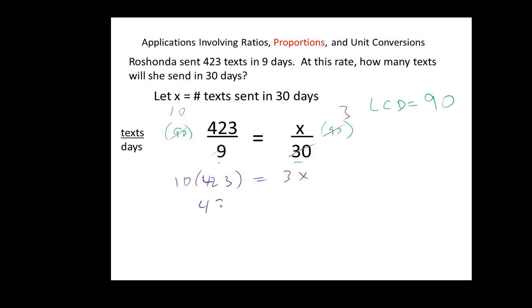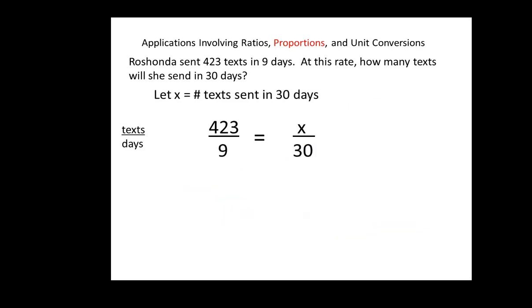I can multiply this out to get 4,230 equals 3x. To solve for x, I need to divide by 3, and I end up with x equals 1,410.